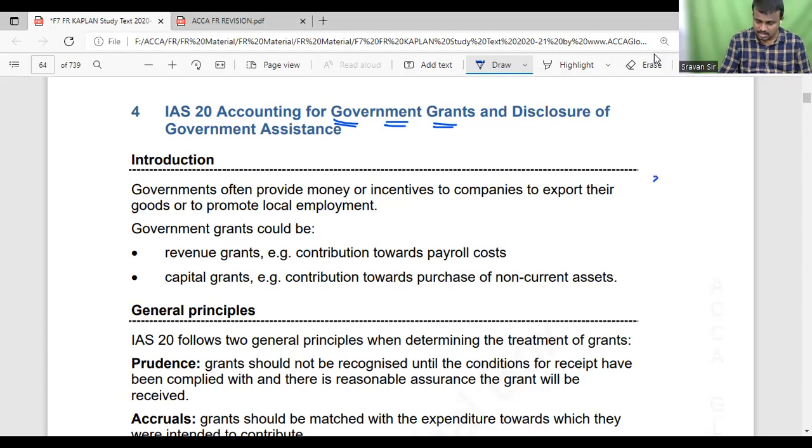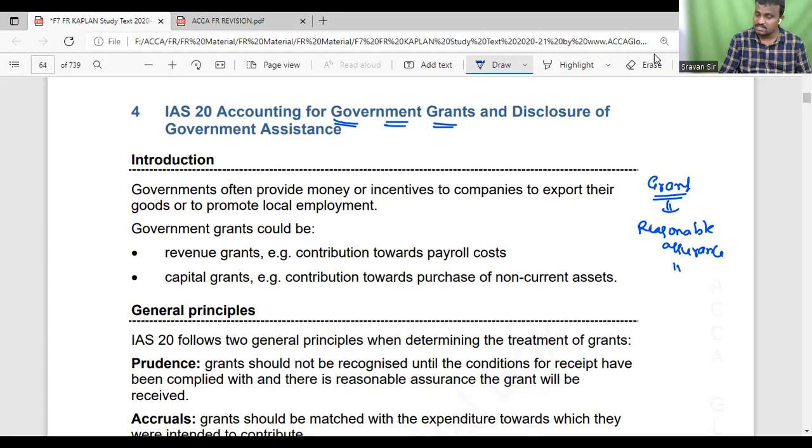Generally, first of all, when to recognize the government grant. Generally, a government grant is recognized when there is a reasonable assurance regarding the receipt of the government grant.